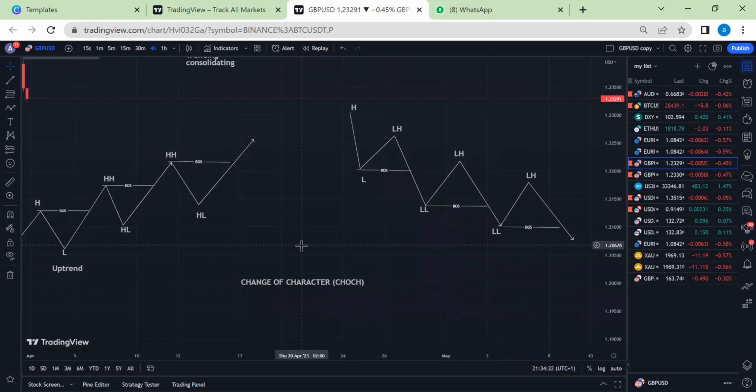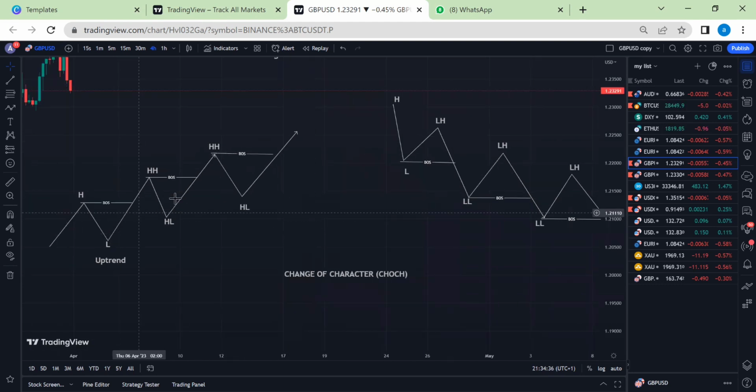Now, where does change of character occur? As you can see, this price is clearly moving upside, right? Because it keeps creating higher low, higher high, higher low. I want you to see this as a battle between higher low and higher high. Every time, price from a higher low moves on and breaks the higher high.